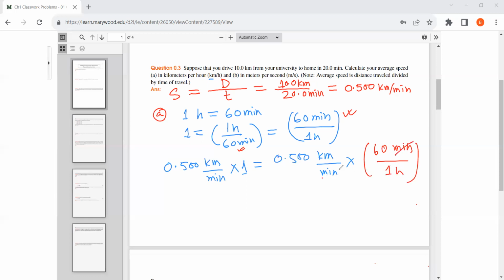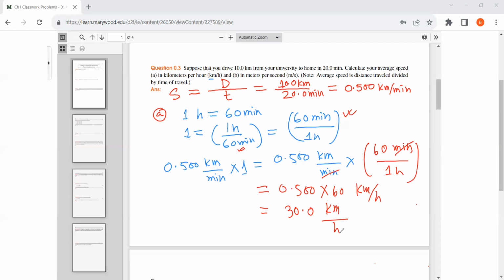You see minute and minute cancel out. Now our result is 0.500 times 60 kilometer per hour, so that is 30 kilometer per hour. So 0.5 kilometer per minute is 30 kilometer per hour.